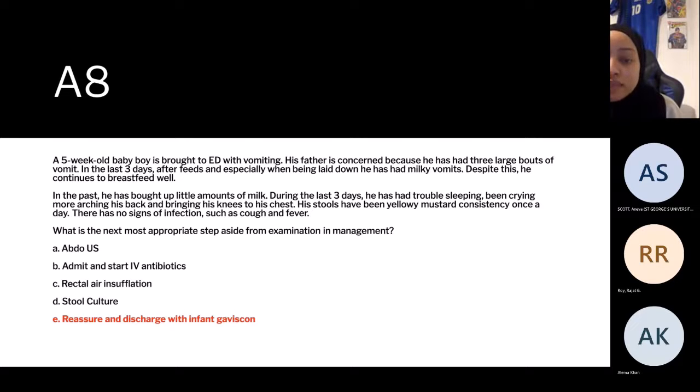But the vomiting and the history itself is quite consistent with GORD. So we'd reassure and discharge the infant with some Gaviscon, and the Gaviscon should help with the pain that the baby is feeling and help with the vomiting as well.